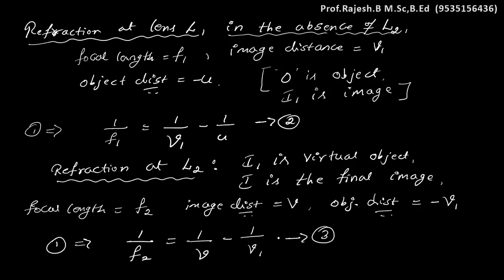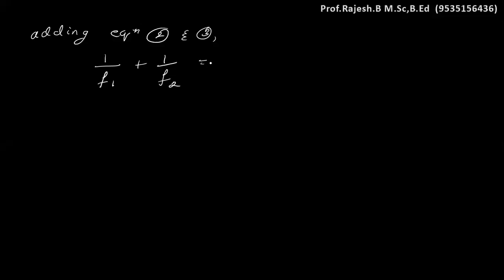Now you add equations 2 and 3. So when you add equations 2 and 3, you will get 1 by f1 plus 1 by f2 is equal to, by adding, on the right hand side we get 1 by v1 minus 1 by u, and plus 1 by v minus 1 by v1.